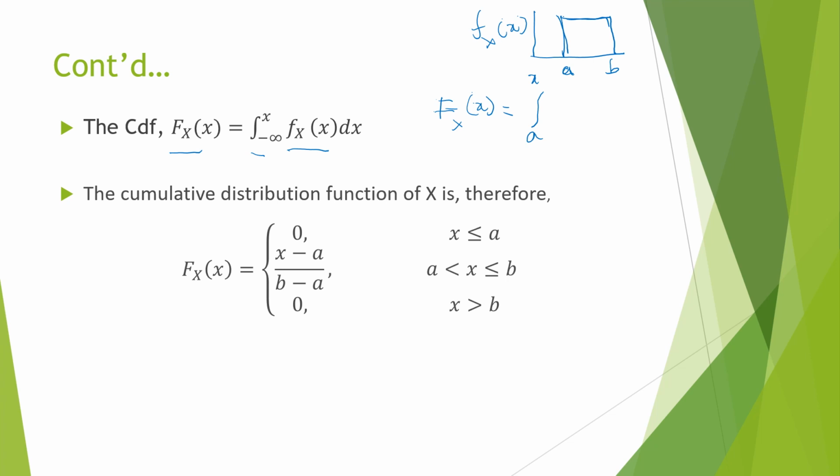Between A and B, the value of the random variable density, as per the PDF definition, is 1 by B minus A. By substituting that and solving this equation, I will get the CDF between A and B as x minus A by B minus A. Below A, it is 0. Above B, it is 1. So this is how we compute the cumulative distribution function from the given uniform PDF.